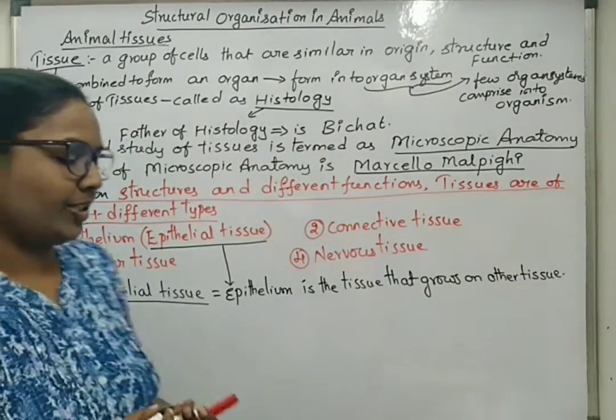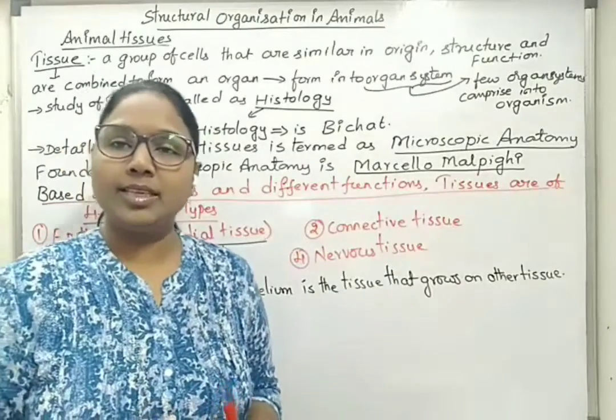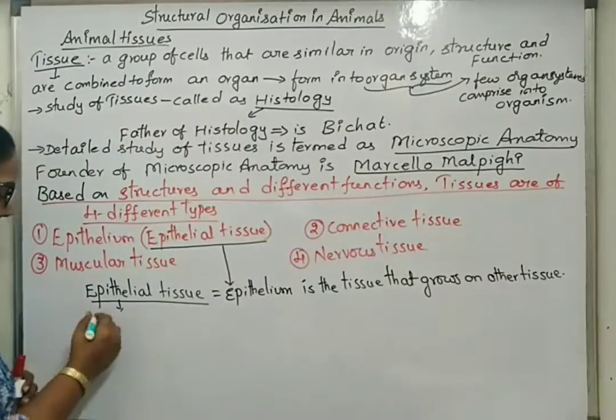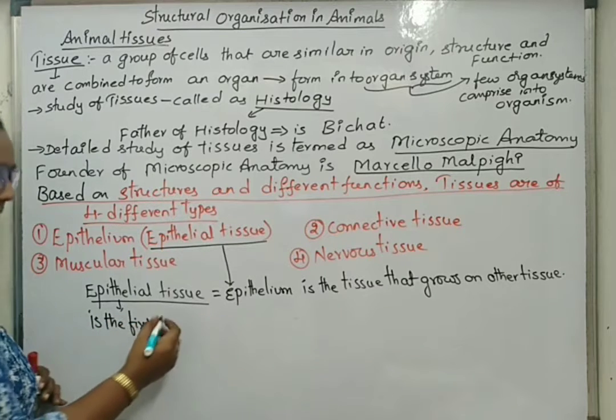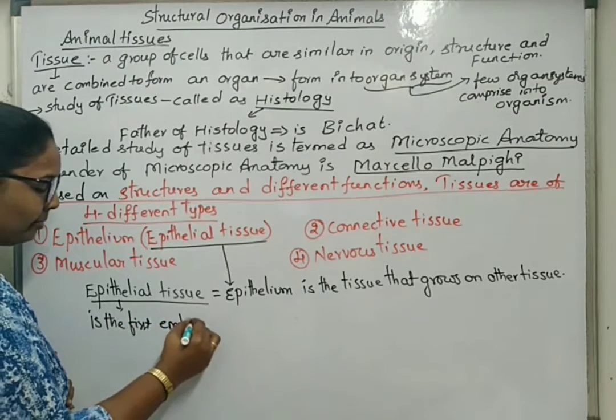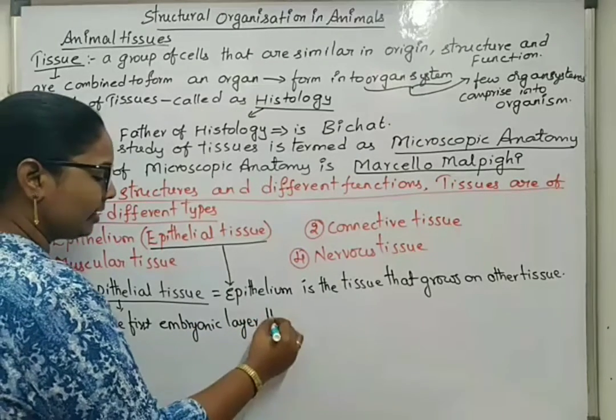During the embryonic stage, epithelial tissue is the first tissue that originates, the first embryonic layer that is developed.